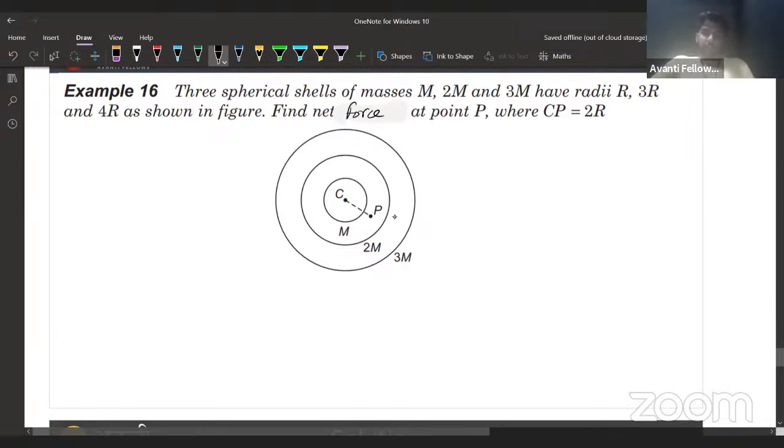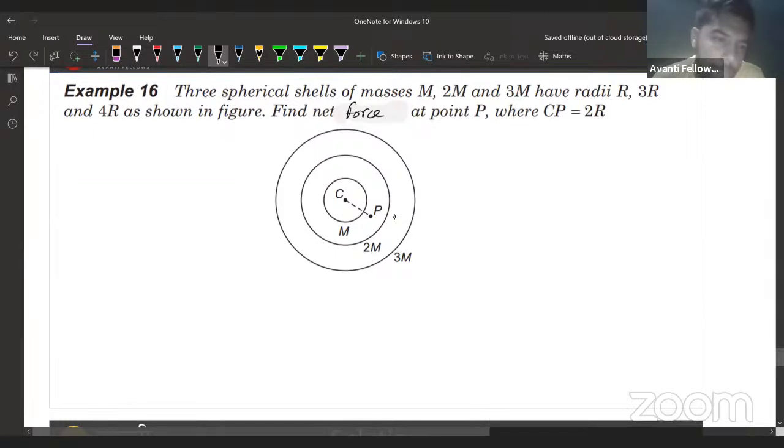I'm giving you yet again 2 minutes to solve this question. Come on, guys, 1.5 minutes more.